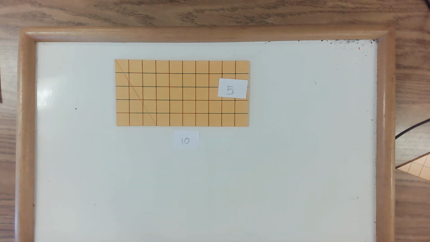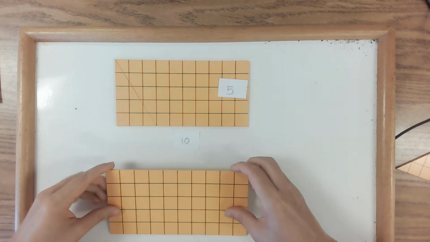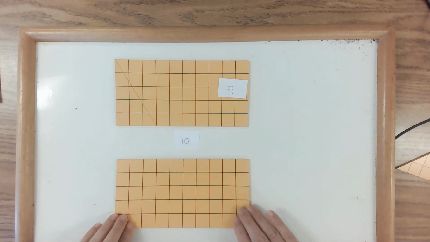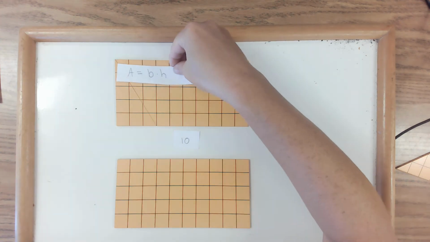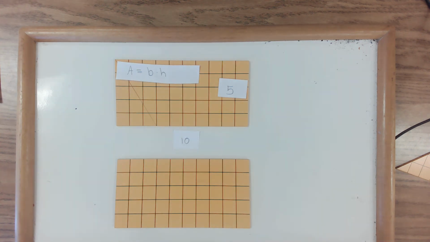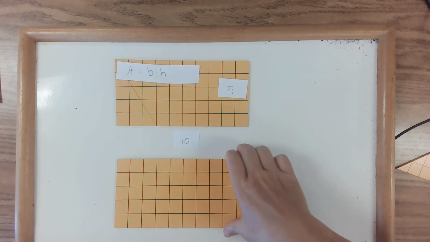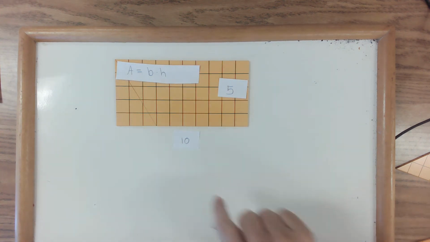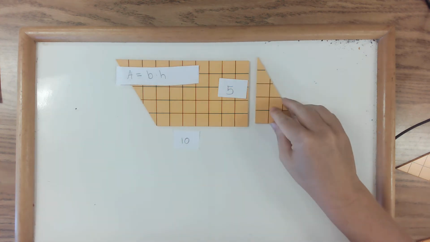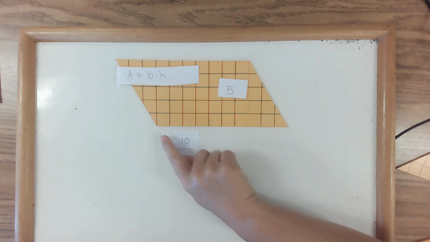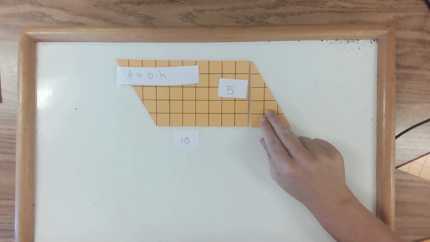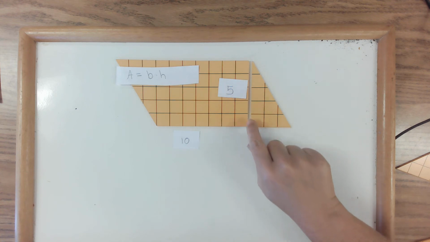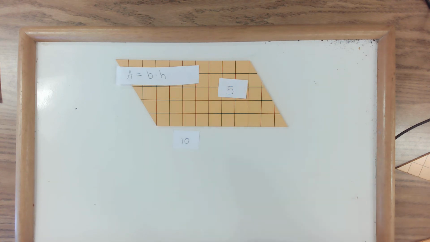So now I know that the formula for the area of a parallelogram is exactly the same as the formula for the area of a rectangle. Area equals the base times the height. And if we transform it back, you'll just count the number of squares along the base, the number of squares on the height, and you just multiply.